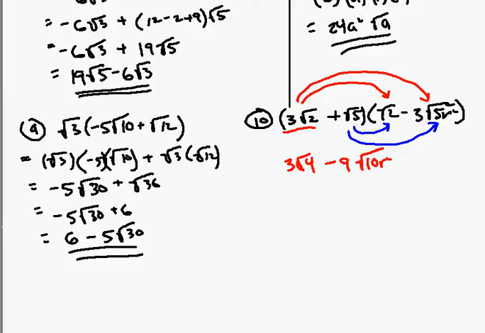Now, multiplying the next two, I have square root of 5 times the square root of 2 is square root of 10. And square root of 5 times negative 3 square root of 5r squared is negative 3 square root of 25r squared.